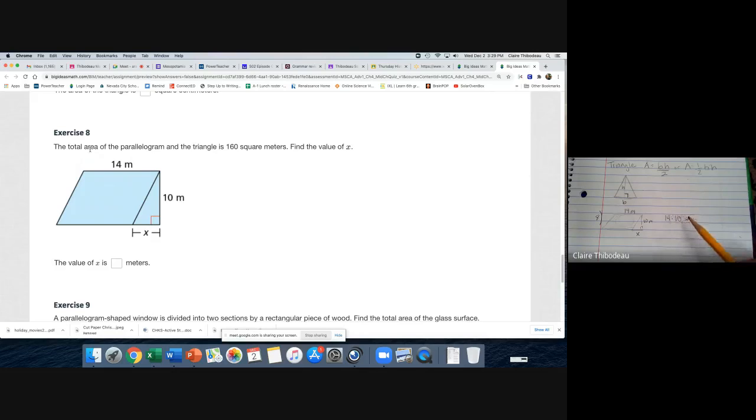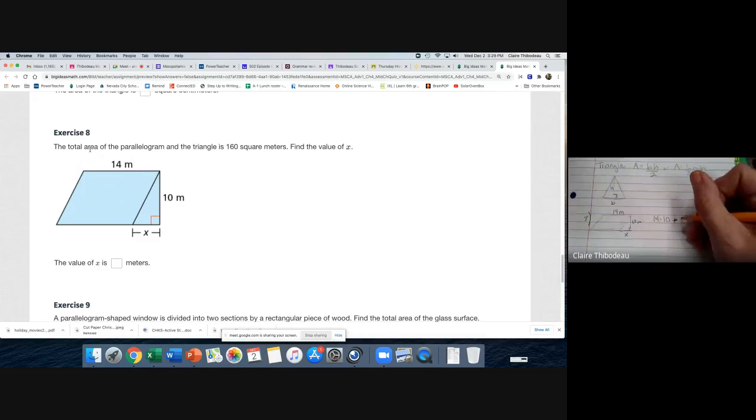So let's say that we've got 14 times 10 plus 10 times x divided by 2. So that would be 10x over 2 is going to be equal to a total of 160 meters squared.